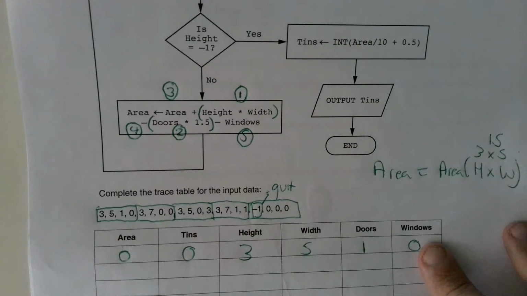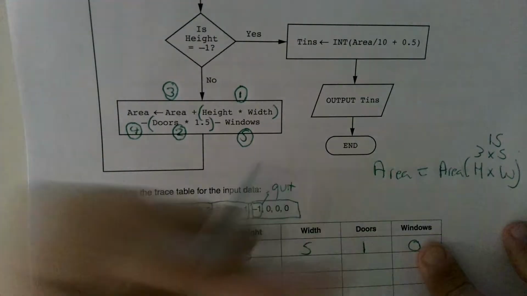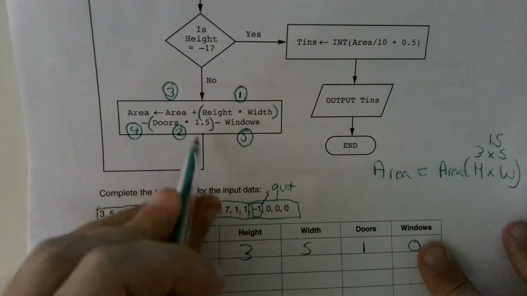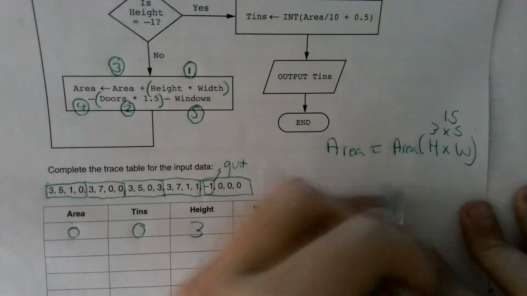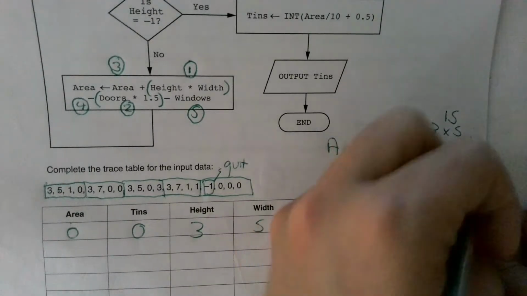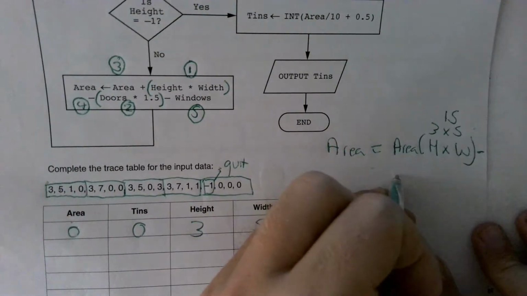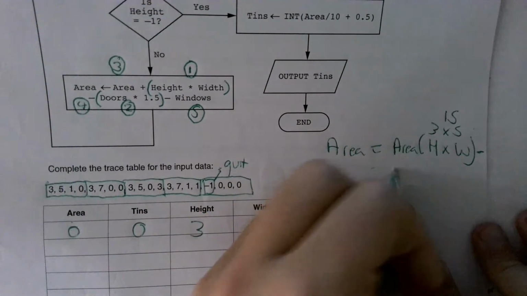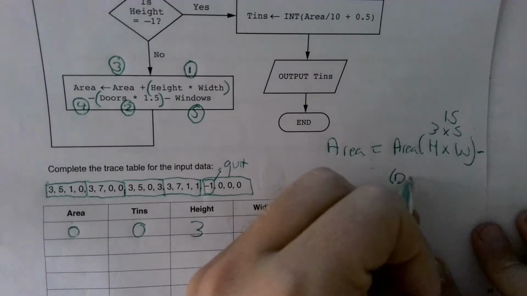So, what do we want to do next? Well, we want to do the same for doors. So, I'm going to then, it should be take away, and then we've got door times 1.5 take away windows.